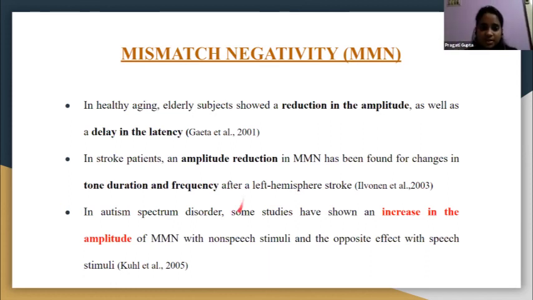Also in stroke patients and Parkinson's disease, there is reduced amplitude and latency changes. But in some specific disorders like autism spectrum disorder or obsessive compulsive disorder, we see an increase in MMN amplitude, because they are more attentive to the task or show greater processing.